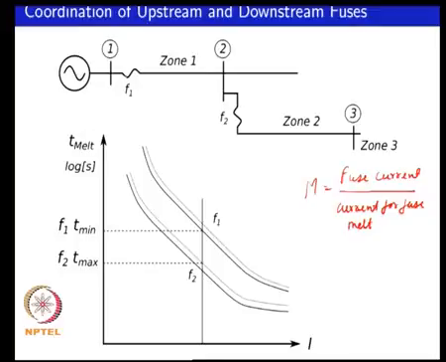So, that is essentially the requirement for coordination between an upstream and a downstream fuse. So, you can now define, in the case of an upstream and downstream fuse, if you have a fault in zone 2, then the fuse that is actually protecting is F2. So, F2 might be called the protecting fuse.